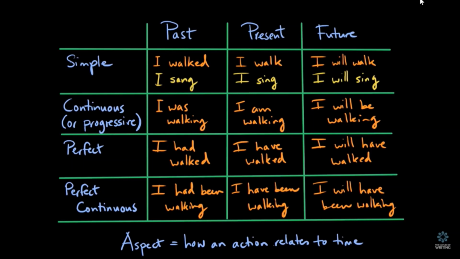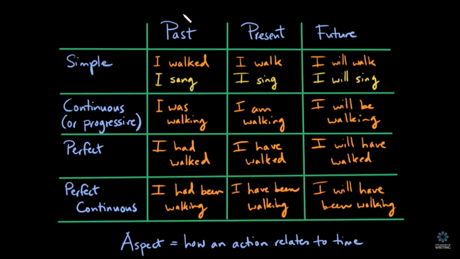So instead of saying that we have 12 tenses, we can use the word tense more specifically to say that we actually have 3 tenses and 4 aspects. When we combine them, we get these 12 different tenses. I suppose you can call them 12 different ways to use an action or a verb. So we'll start with the tenses then.